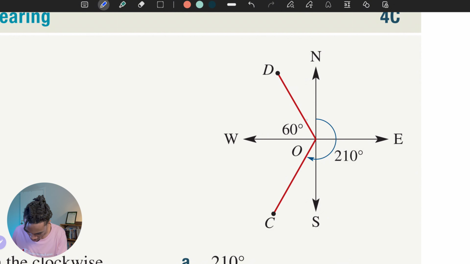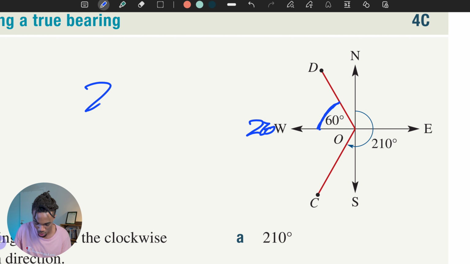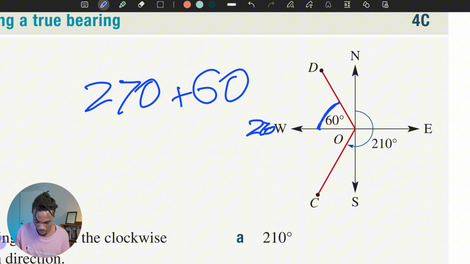What about this one here, where we've got 60 degrees between here and here? There are two ways to do it. We can realize that the west marker is 270 degrees away from north, and this one is 60 degrees from this west marker. So it's just 270 plus 60, and that equals 330.